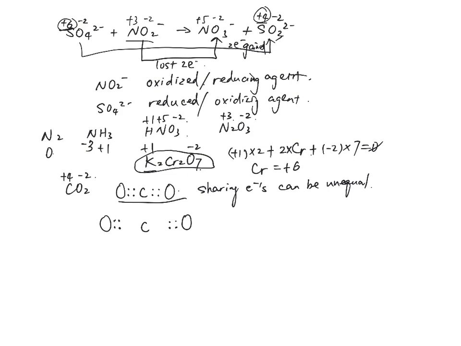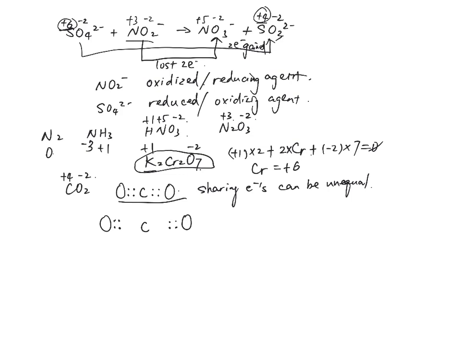And in this case, it really feels like, okay, carbon originally had 4 electrons to himself, okay? Out of the 8 electrons shared here, 4 of them belong to carbon, okay?